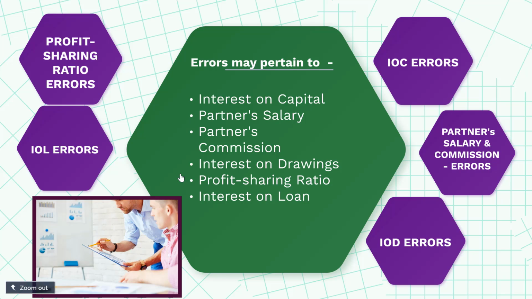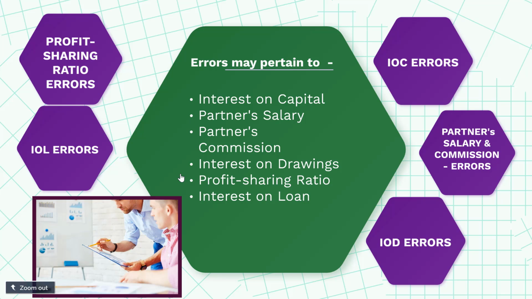Since we are in the chapter of partnership accounts, the errors which we are talking about will relate to items which are specific to partnership accounts, which could mean interest on partner's capital, partner's salary or partner's commission, interest on partner's drawings, the profit sharing ratio between the partners, or interest on loan which is borrowed from the partner by the firm. So we will be focusing on errors which pertain to these items.